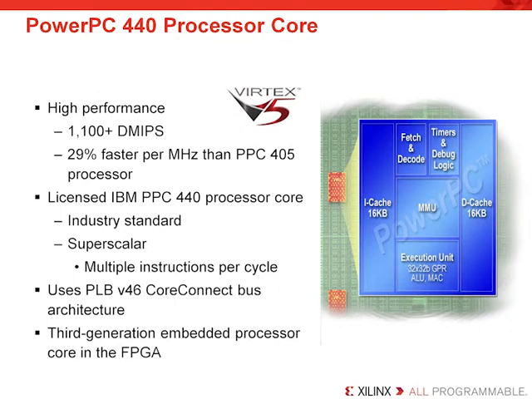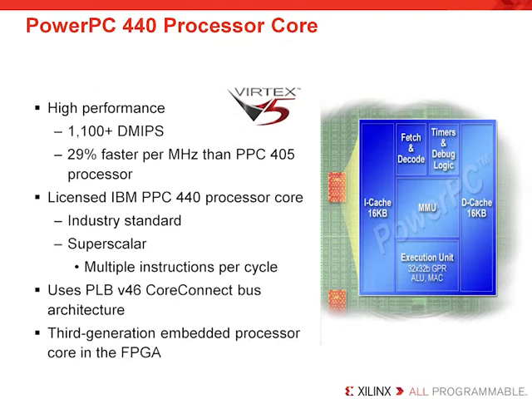The 440 is a licensed IBM superscalar processor that can execute multiple instructions per clock cycle. The 440 has twice the cache size of the 405, twice the PLB bandwidth. Note the PLB V46 supports 128 bits of data, while the 405's PLB bus supported only 64 bits. The 440 also supports 4 times the APU bandwidth.